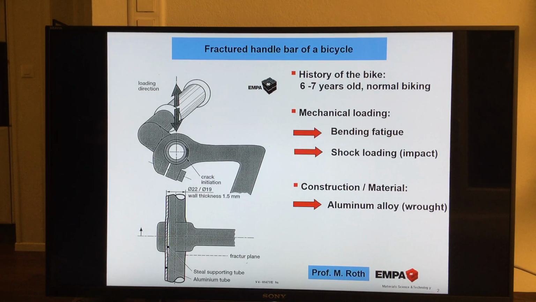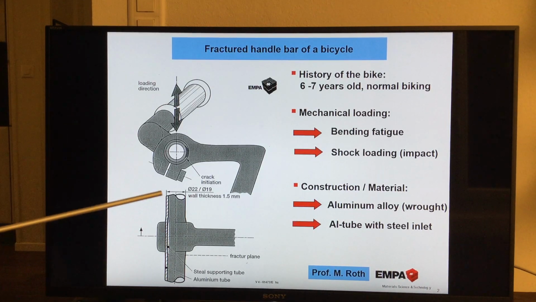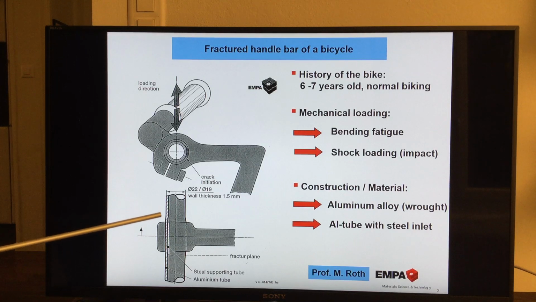It's a round aluminum alloy, and where it is attached to the construction which leads to the bicycle, we have, to ensure that it is tighter, a steel inlet. So this makes the construction more reinforced. And when we look very carefully, we see again the aluminium tube and inside a steel inlet.